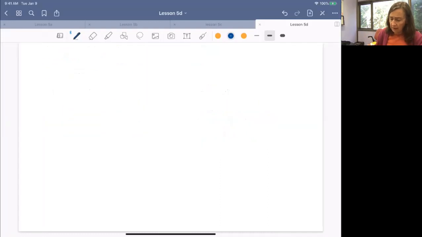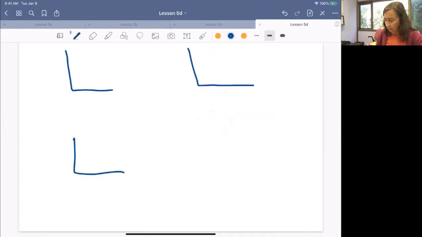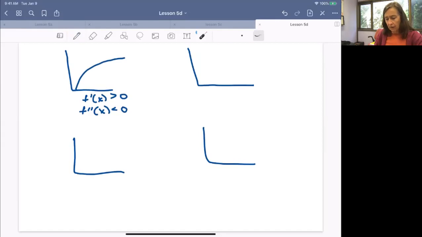Okay, so let's look at what different combinations of first and second derivatives look like. Let's first think about a function that has a positive first derivative and a negative second derivative. That kind of function looks sort of like this. You can see that we've got a positive slope here. The function is increasing, but if we imagine those tangent lines, they're getting flatter and flatter as x increases.